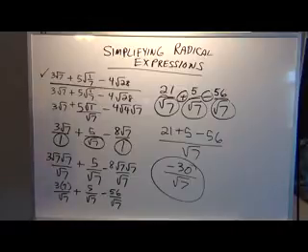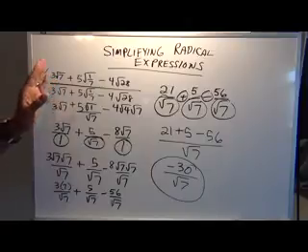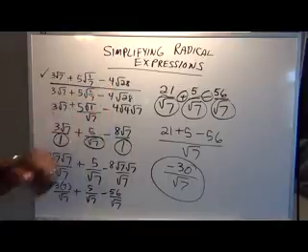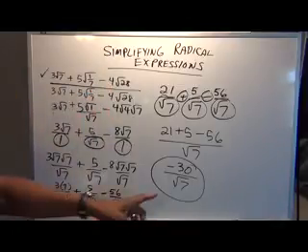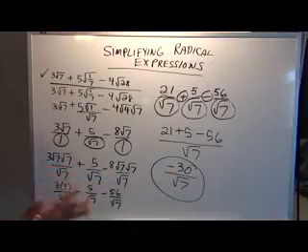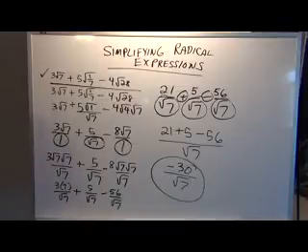What you could do to check your answer is, in your calculator, do 3 times the square root of 7 plus 5 times the square root of 1/7 minus 4 times the square root of 28. Then whatever answer you get, take negative 30 and divide it by the square root of 7 and see if those answers are equal. If you do that, you'll come out with about negative 11.34.